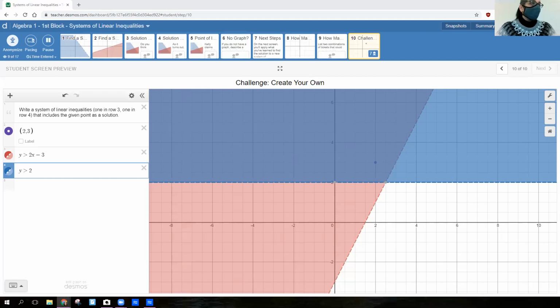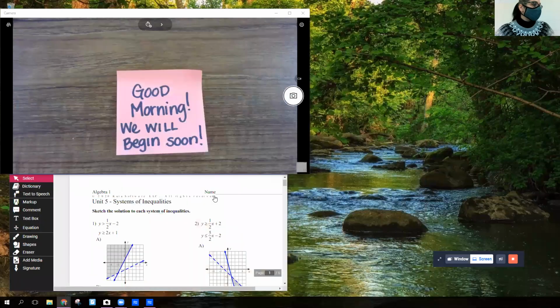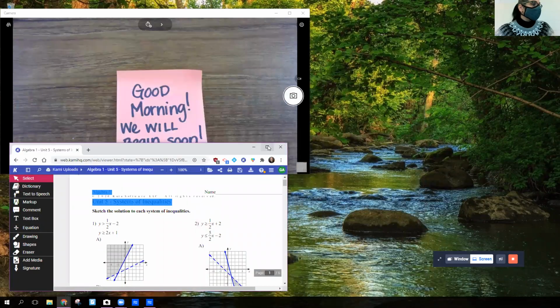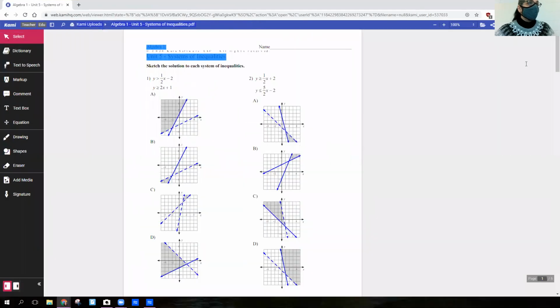Good. So while you're working on that, finish that up, and then you can exit out of Desmos. I get to see all your progress, so you don't have to submit this anywhere. And then we will jump into the homework, okay? I'm gonna minimize my screen and get the homework going. You can do homework in Kami if you want to.